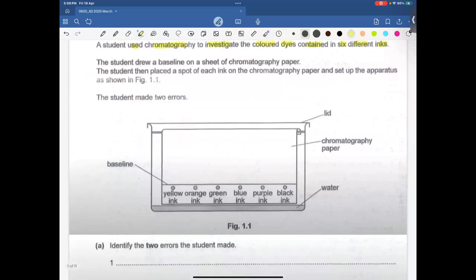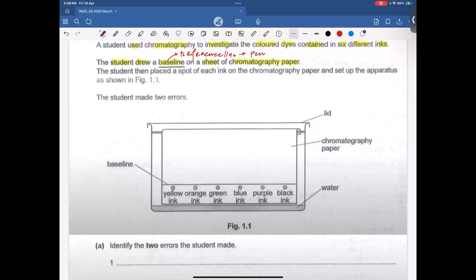Anyhow, let's talk about this. The student drew a baseline on the sheet of chromatography paper. That baseline is also called a reference line. In class, I've taught you that whenever you mark the baseline or a reference line, we need to use a pencil for that.